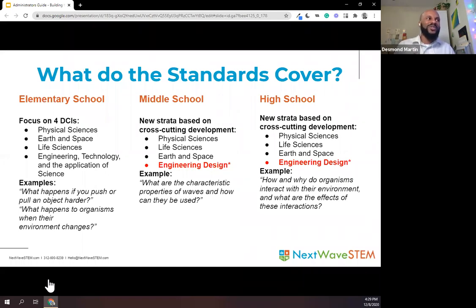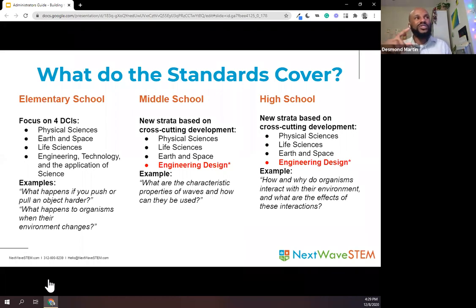Or if I'm thinking about life sciences, what happens to an organism when their environment changes? We have questions about science in the world around us that allow us to develop applications in that K-2 question, where that will allow us to evaluate the effects of global warming on our environment, if we're thinking about the middle school and high school level.